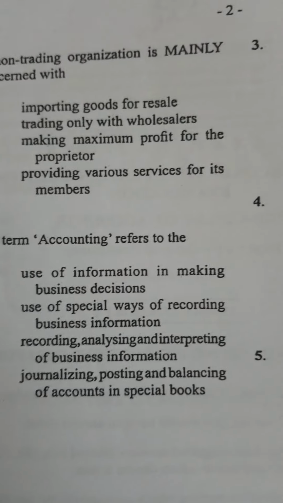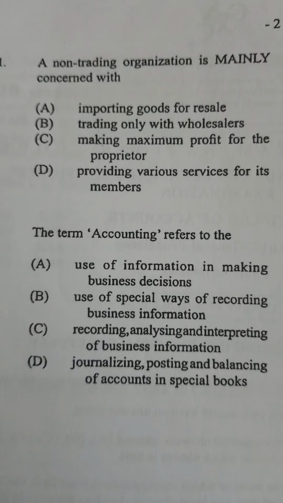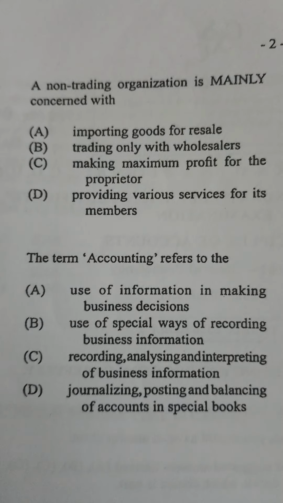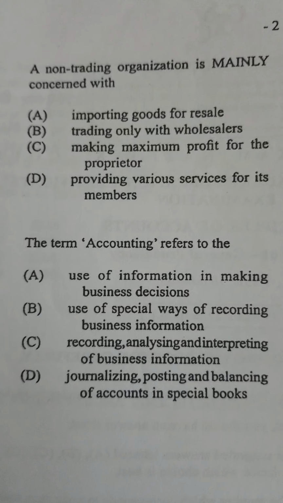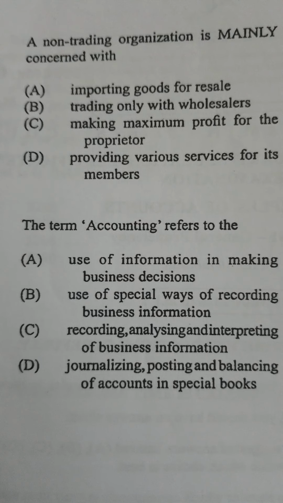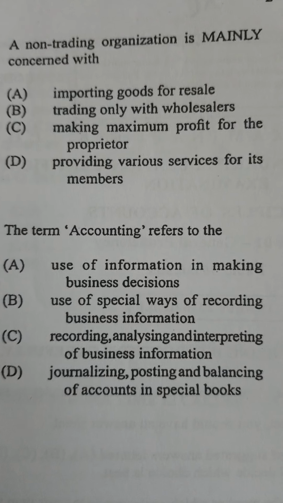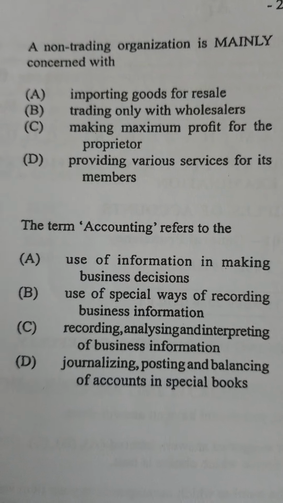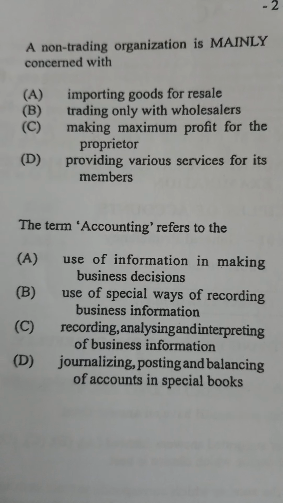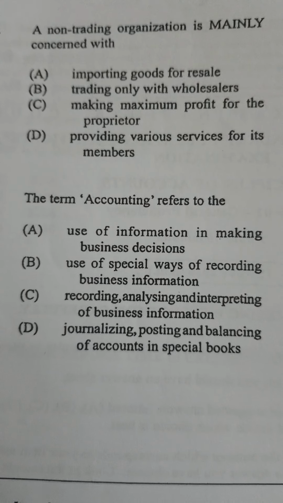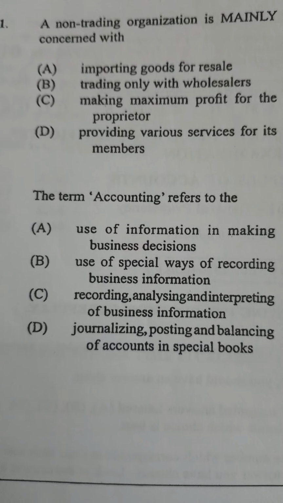Now, the first question here says, a non-trading organization is mainly concerned with, and it gives the options. Now, what I want you to bear in mind here is that the question is speaking to, in the area of the syllabus, non-profit organizations.